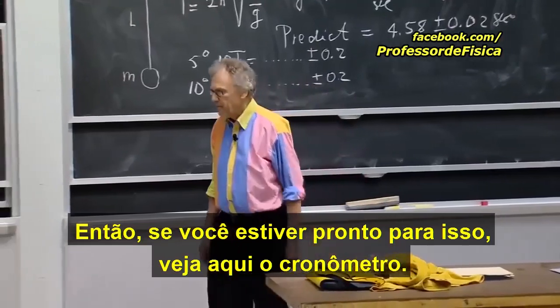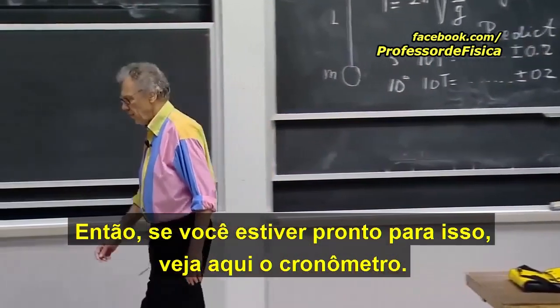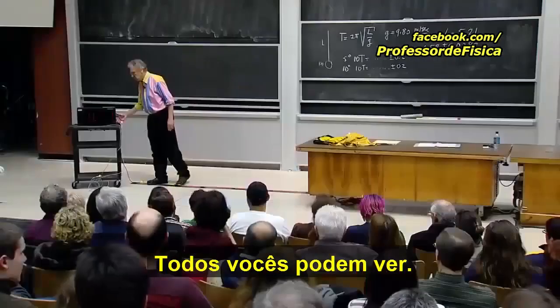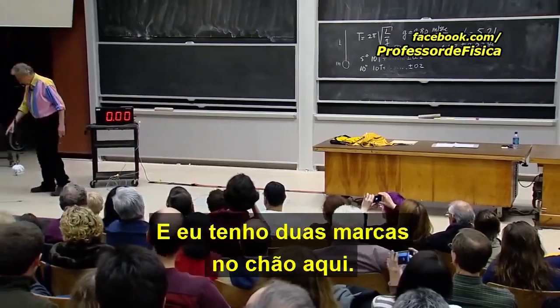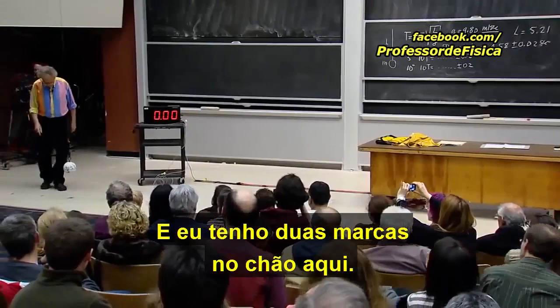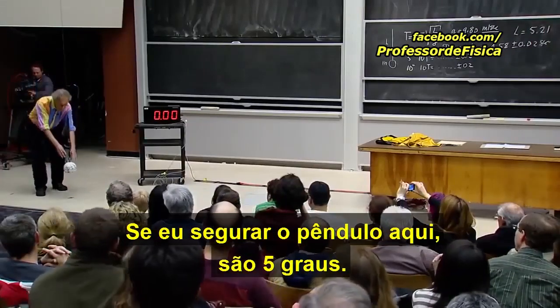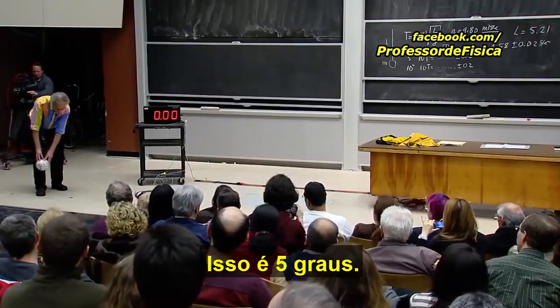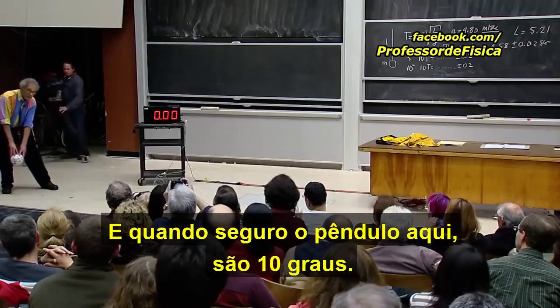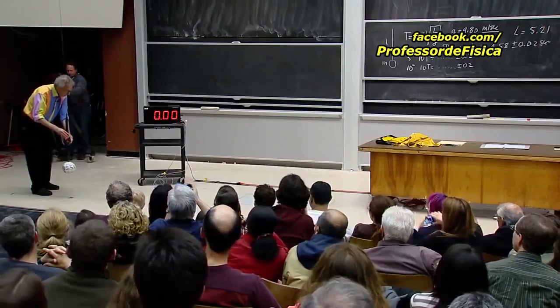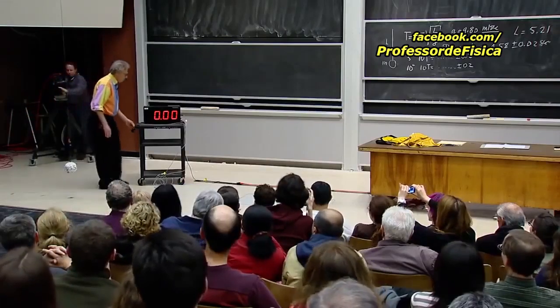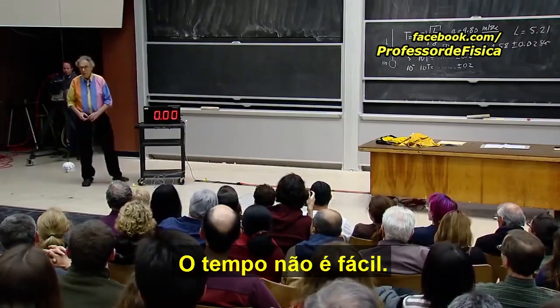So, if you're ready for that, you see here the timer, all of you can see, and here you see the pendulum, and I have 2 marks on the floor here. If I hold the bob here, then it is 5 degrees, and when I hold the bob here, it is 10 degrees. Timing is not easy.